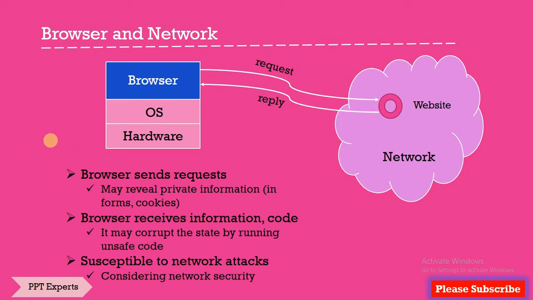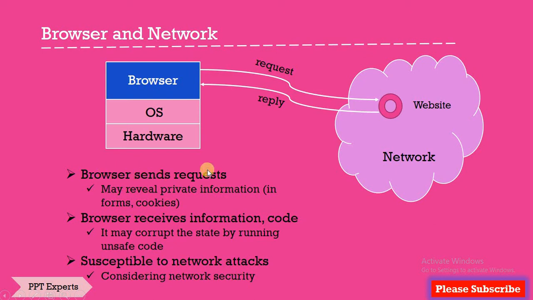Browser is an application which helps in interacting with the network, through which the interaction to the website will be done on the network. So we send a request and then we get a reply from the website.